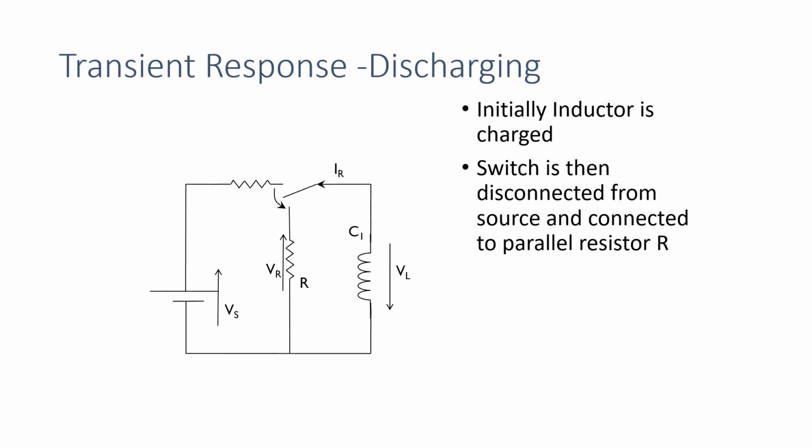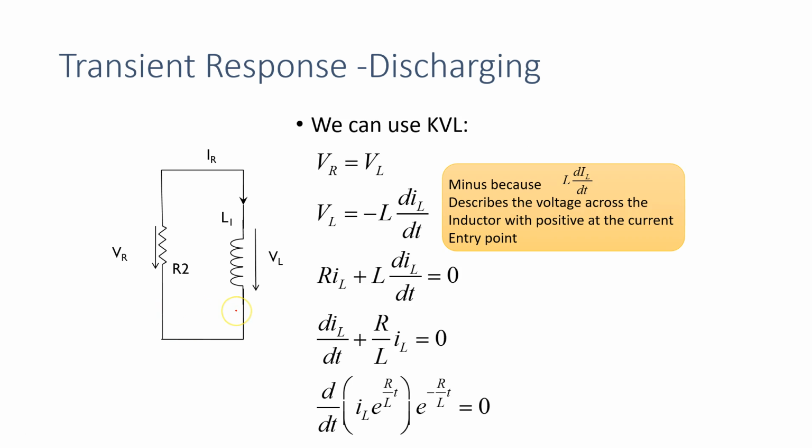So now we're going to go to discharging, and you'll see we have the same setup here. We initially charge the inductor, and then after a while we discharge it. So we just have the inductor connected to a resistor. We write our KVL equation again and go through our differential equations.